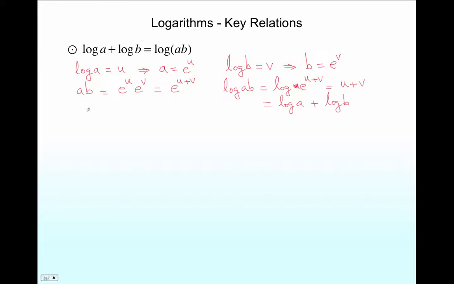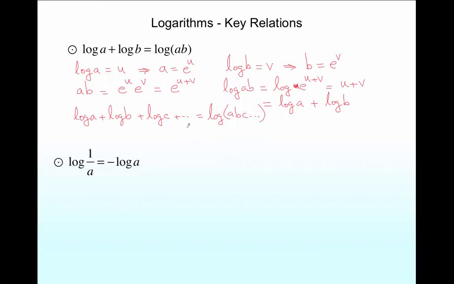And of course, you could extend this to any number of factors. So if you had log of a plus log of b plus log of c plus etc., well, this would then be log of a times b times c, etc. So the logarithm of a product is equal to the sum of the logarithms.